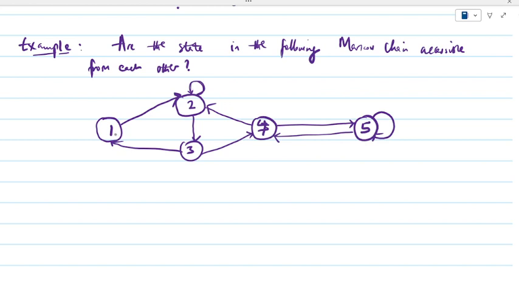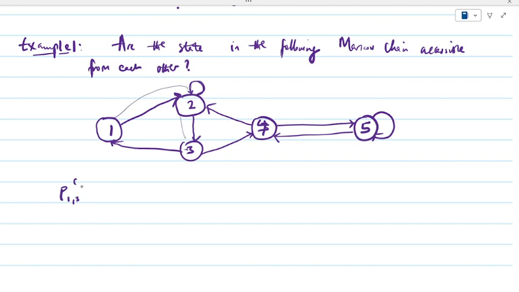If you look at this example, you will see that moving from 1 to 3 is still possible if you take the route from 1 to 2, then from 2 to 3.